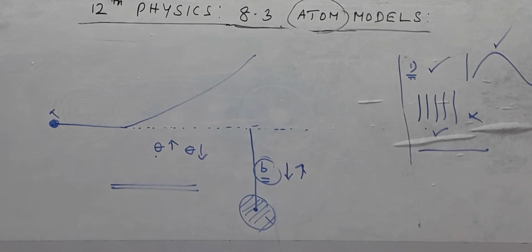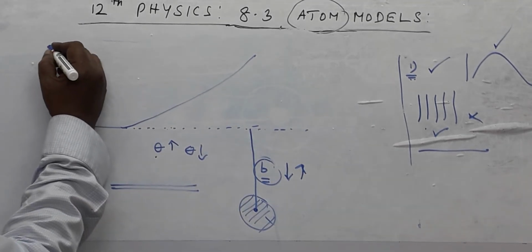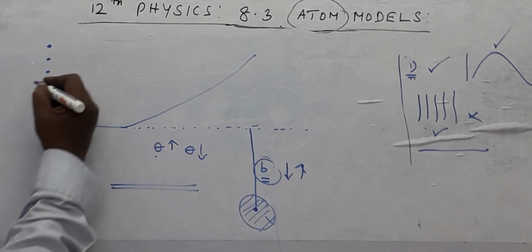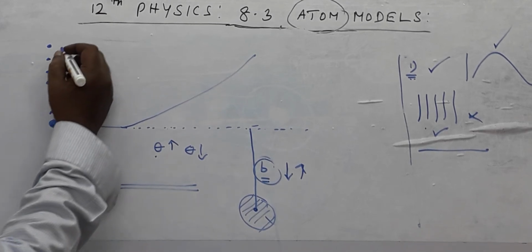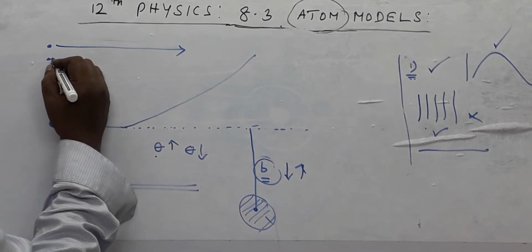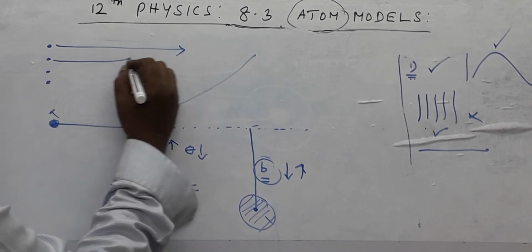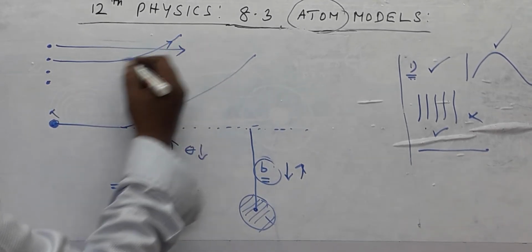Now, before that, Rutherford concluded four important points. One, most of the particles travel in a straight line, and very near the nucleus, some are just deviated.